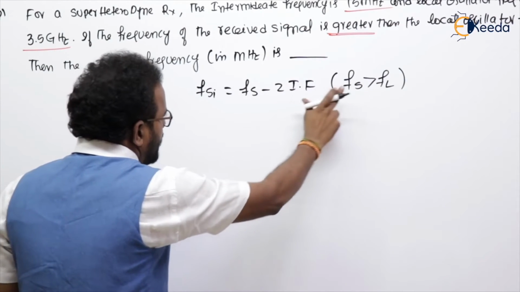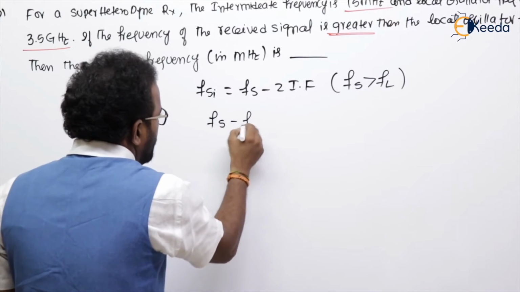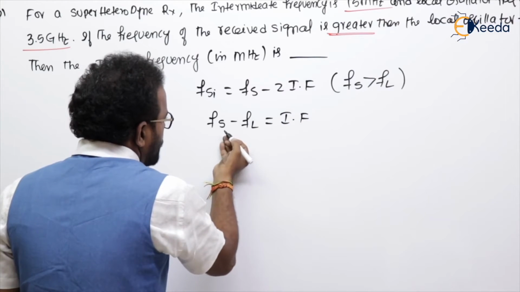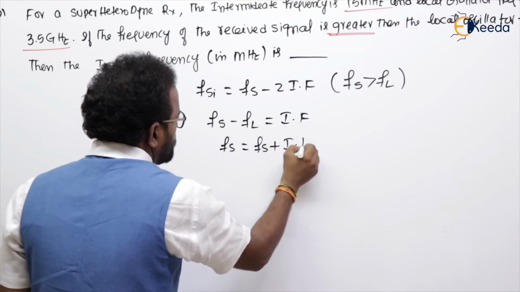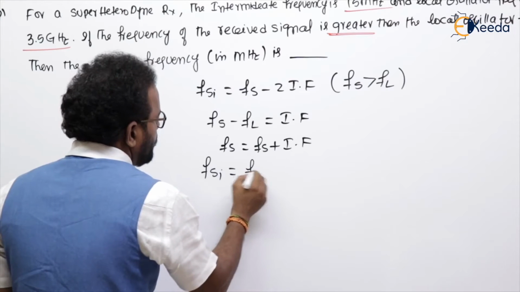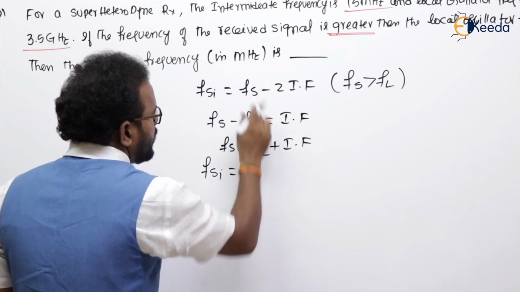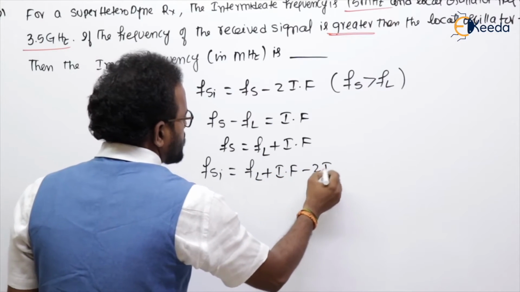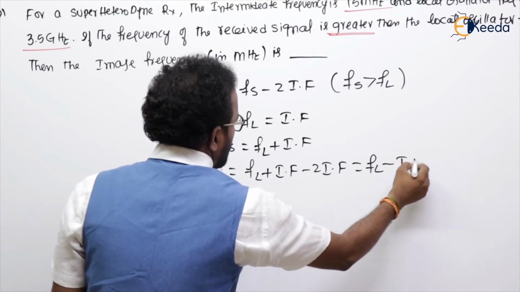We know that if Fs is greater than Fl, it is always down conversion, and Fs minus Fl is IF, so the Fs value is Fl plus IF. Substitute in the above: Fsi equals Fl plus IF minus 2IF, which is Fl minus IF.